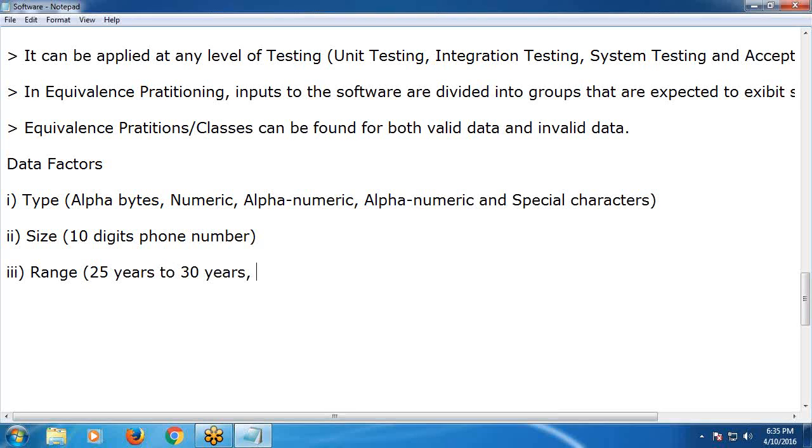Suppose in banking applications, the interest rate for fixed deposits is 7% for 1 to 2 years, 8% for 2 to 3 years, 9% for 3 to 4 years, and 11% for 5 to 7 years. That is the range of the data.